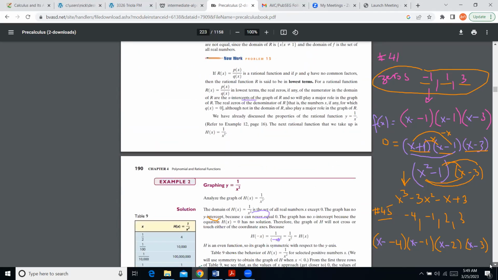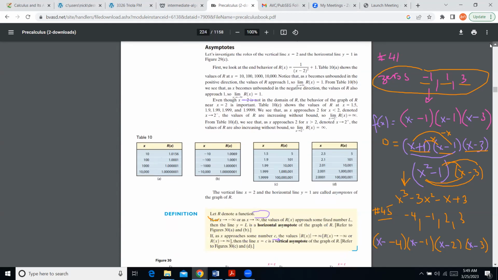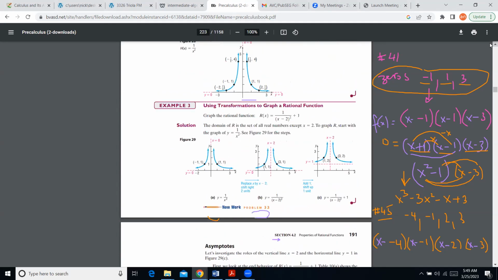4.3, that continues graphing. And this section actually works with fractional functions, the ones that have a denominator that also contains the variable letter x.